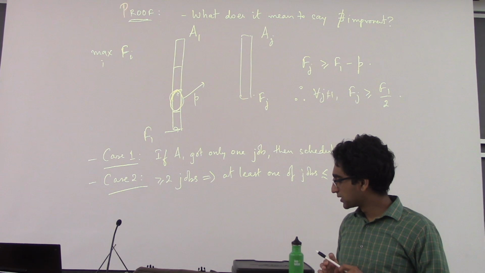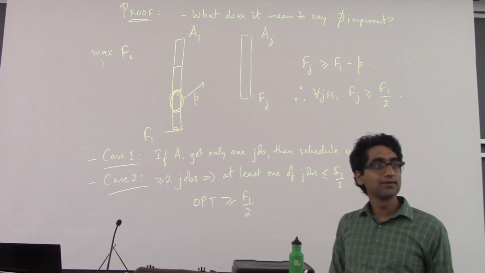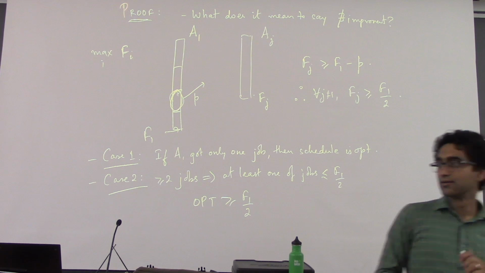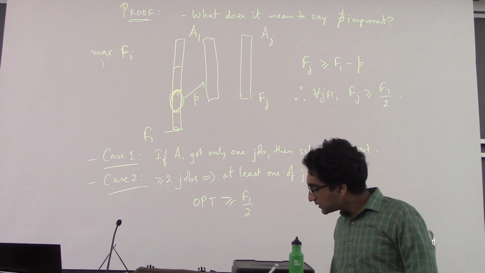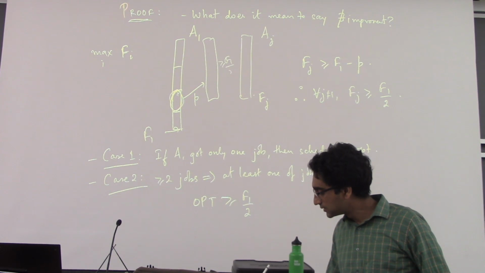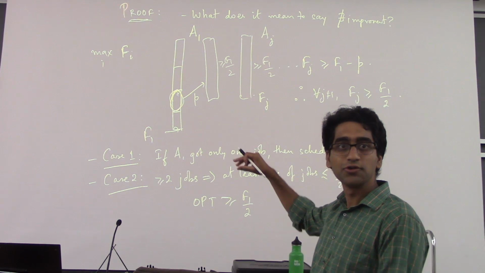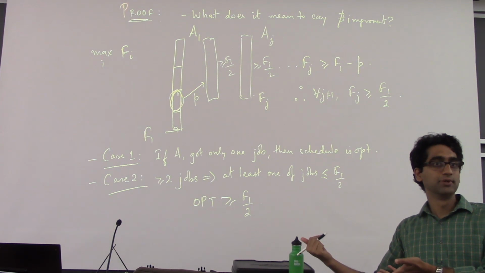Now I want to claim that opt has to be bigger than or equal to F1 by 2. Why is that? Every other machine is occupied until at least F1 by 2, and none of them had any free space in between. So the total weight of the jobs is at least F1 by 2 times m.